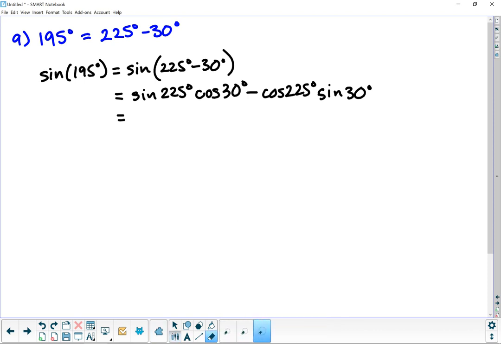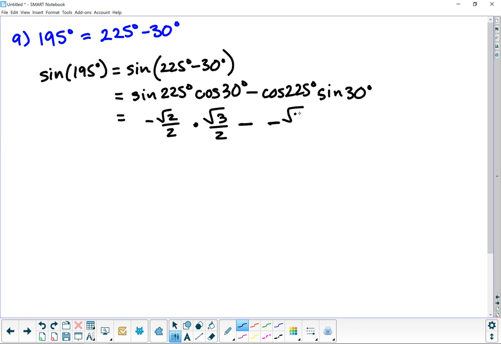Right, we're going to go ahead and look at a unit circle for the sine of 225. The sine of 225 is going to be negative radical 2 over 2. Cosine of 30 is going to be radical 3 over 2 minus cosine of 225 is negative radical 2 over 2 times sine of 30.